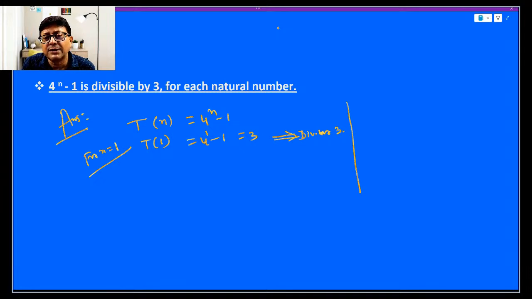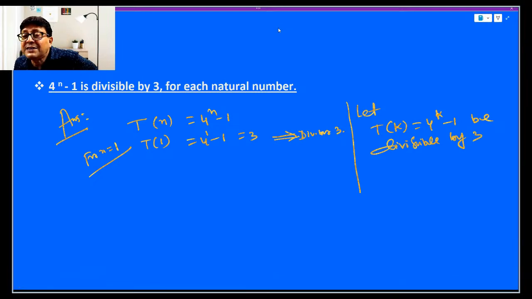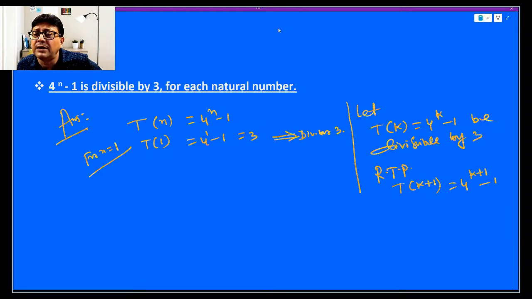Let us assume that Tk equal to 4 to the power k minus 1 be divisible by 3. You first assume that. Then what is required to prove? Tk plus 1, that is 4 to the power k plus 1 minus 1, is divisible by 3. Clear? Let us prove it.